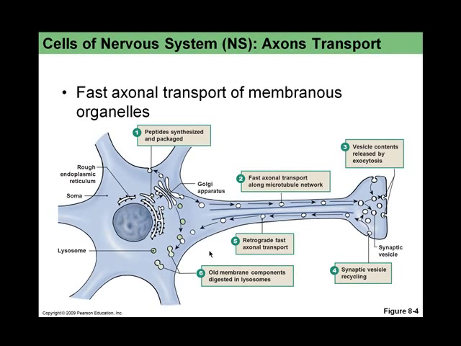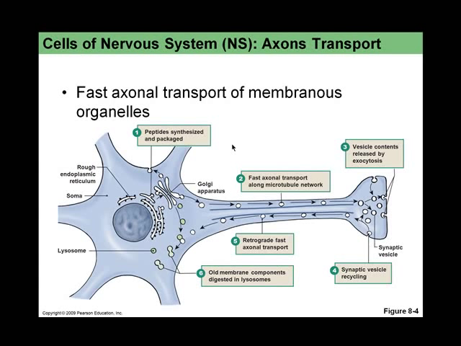We can discuss many of these issues with this illustration, and I really like the way that they put this together, because they have what I think is one of the most complete that I've seen in a textbook in a long time. So I really do like this illustration. So we are considering the fast axonal transport of the membranous organelles, but also in this context we can review the membrane recycling system.